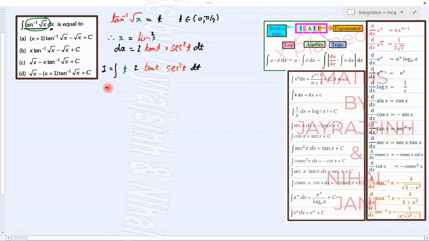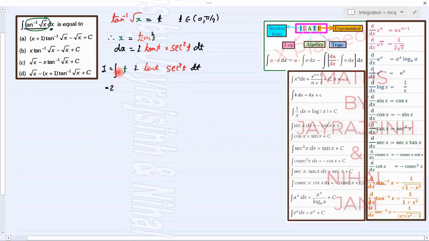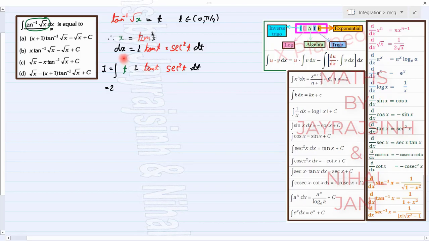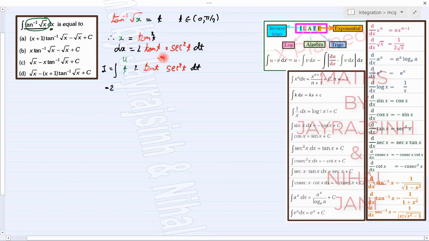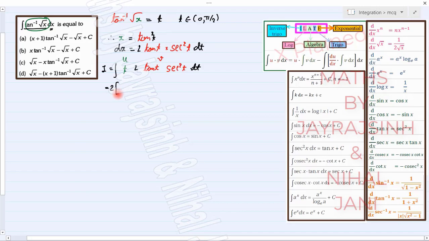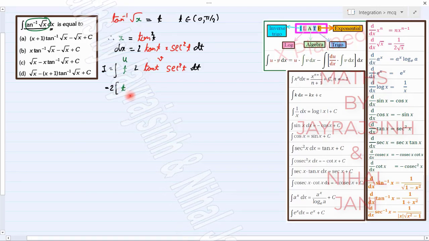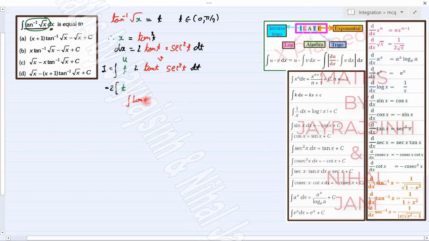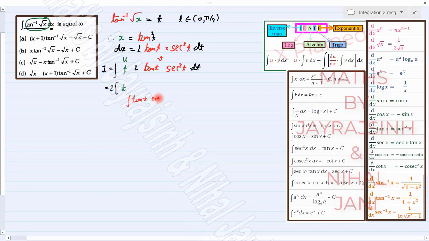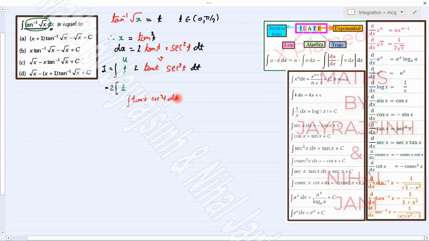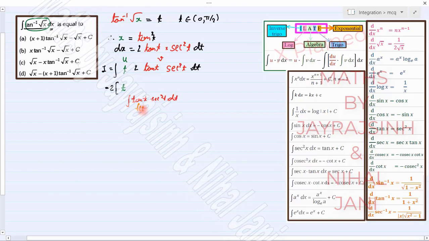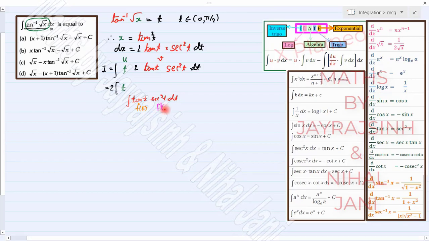Okay, now this 2 is constant, take it outside, and we have to apply integration by parts, where t will be selected as u and tan t into sec square t will be selected as v. So let's apply the formula. In the first term, your u will be as it is. We have to integrate tan t into sec square t, which is actually f of t into f dash t.